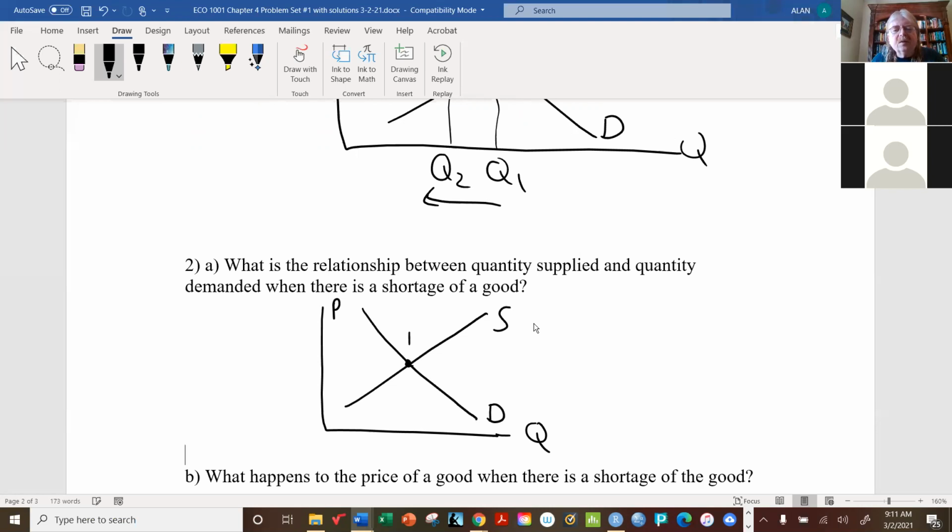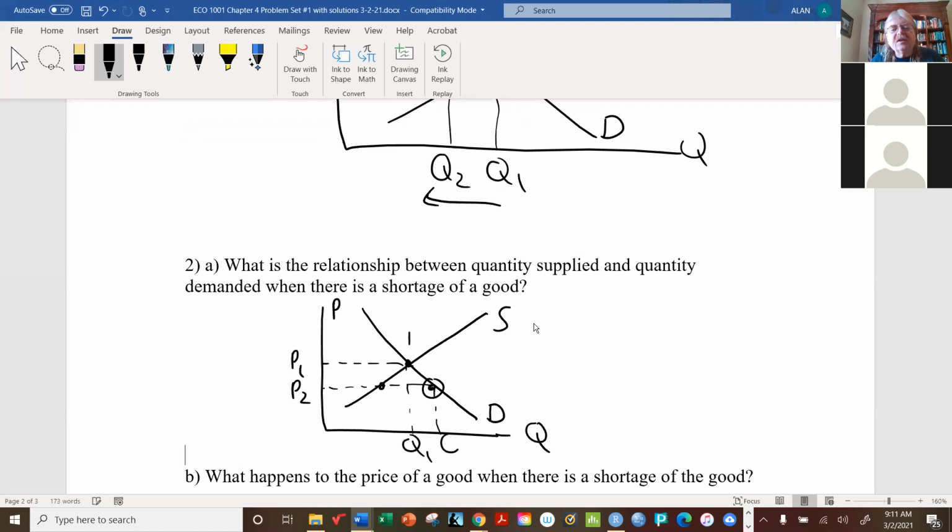So if this is your equilibrium, which is where we should be, the shortage means the price is too low. Let's call that P2. And so here's the problem. If you look across, you can see the demand curve is to the right of the supply curve.